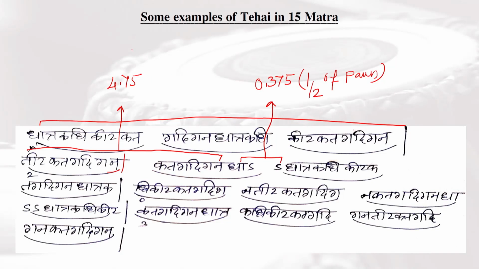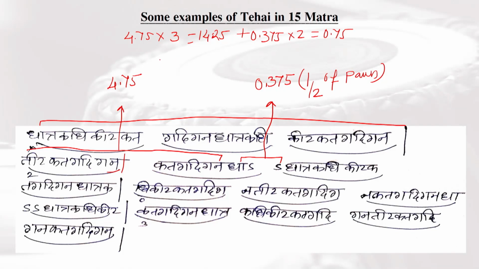So 4.75 into 3, so we get 14.25. So we get 14.25 plus 0.375 into 2, we get 0.75.